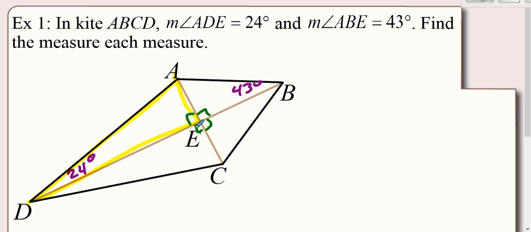So this angle's 90, this one's 24. We can figure out up here by angle A, DAE, what that measure is. So 24 plus 90 is 114. And that means that this angle up here by A has to make it be 180. So 180 minus that, 66.